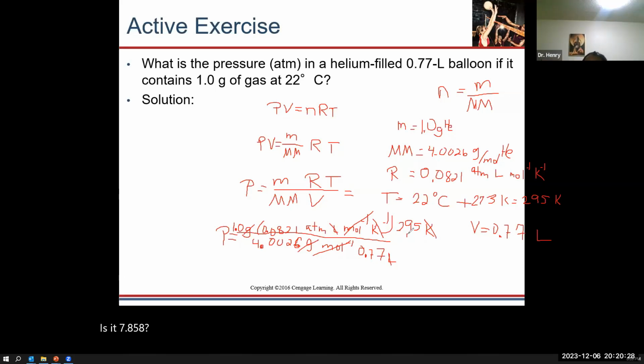So if it's 2 sig figs, 7.9 ATM. Okay. Good job.